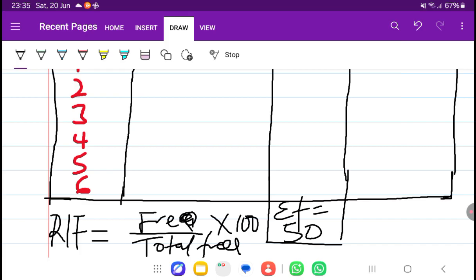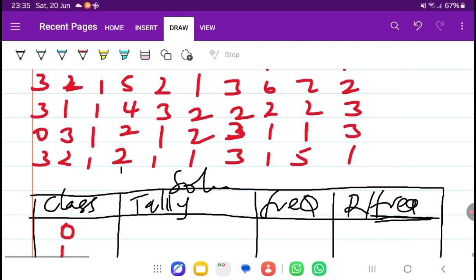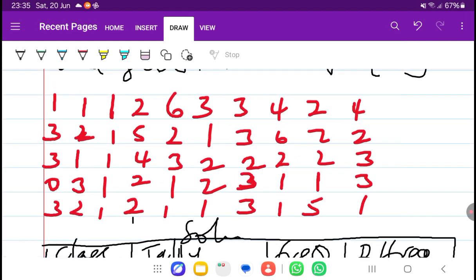So we go into the table, we start looking for 0. Our first class is 0. How many zeros are we having? We have only one 0. Then we cross for 1. If you look at 1, this is a 1, this is a 1, this is a 1, and so on.